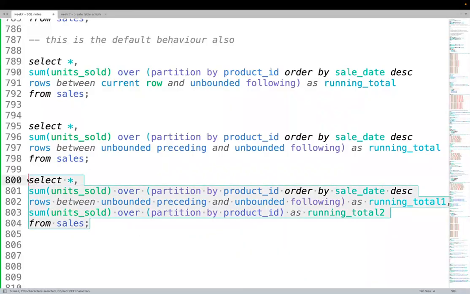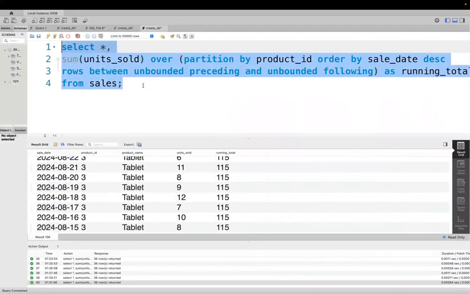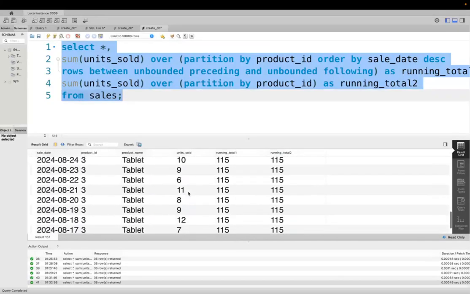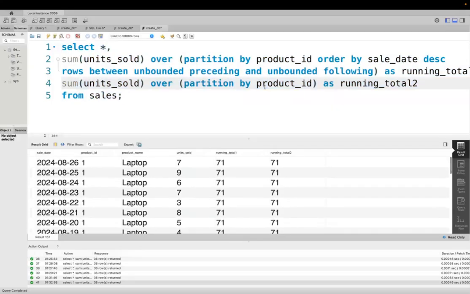I think this will be giving us the same results. You see this, it's equivalent to this. If you remove the order by and just have partition by, it's the same as order by unbounded preceding and unbounded following, because from the first row till the last row you want to add everything, right? Unbounded preceding means first row, unbounded following means last row, but within that partition.